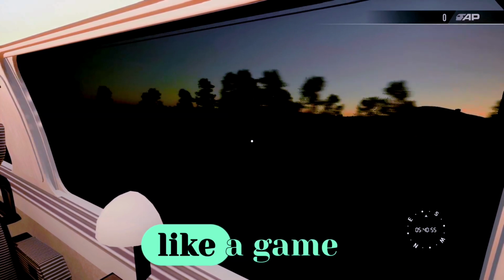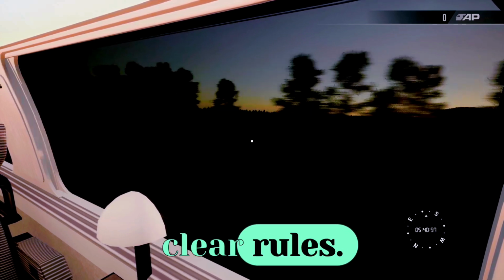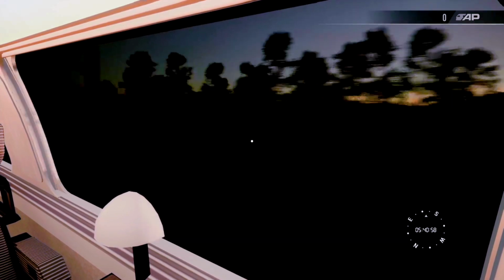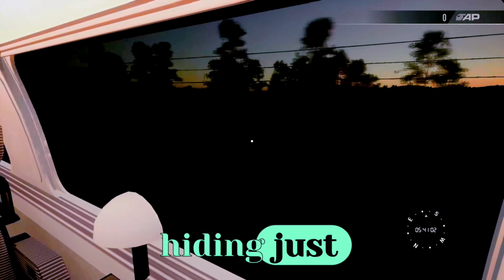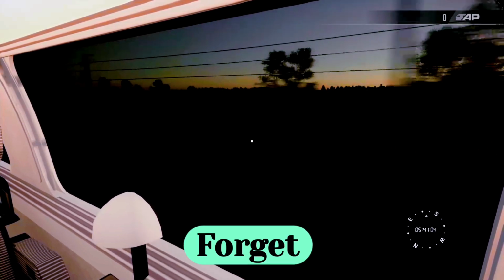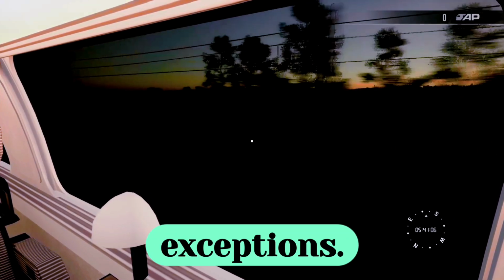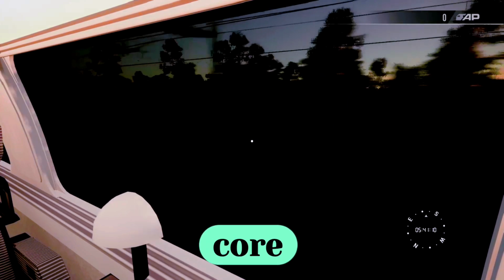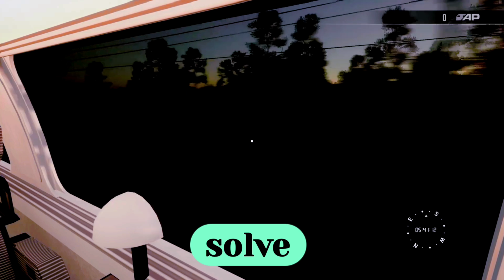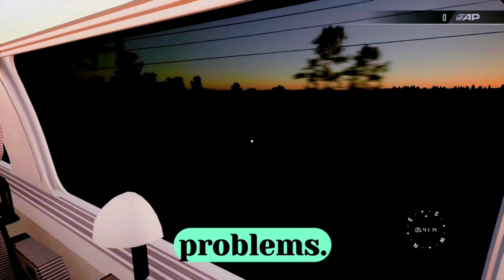It can feel like a game with no clear rules, but I promise you, there is a beautiful, simple logic hiding just beneath the surface. Forget memorizing hundreds of exceptions. Today, we're going to uncover the one core question that will solve almost all of your article problems.